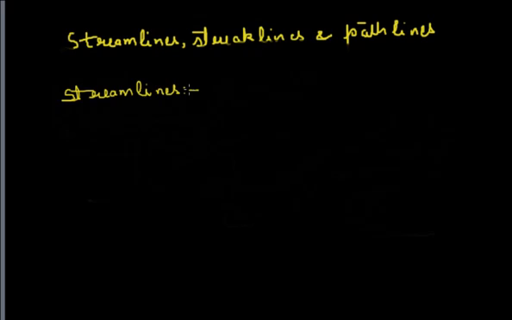At any instant, streamlines are the curves such that if you draw the tangent to the curves, then it will represent the velocity vectors at that point. So suppose at any instant t, these are the streamlines.